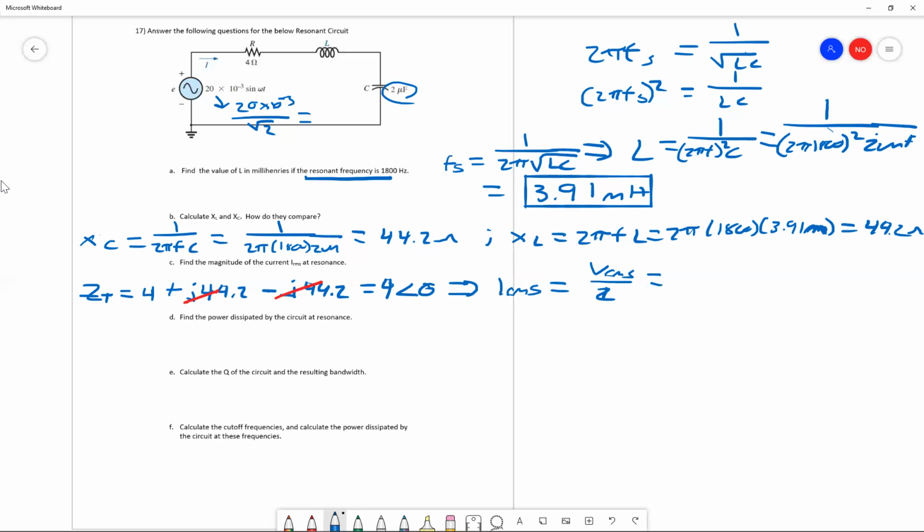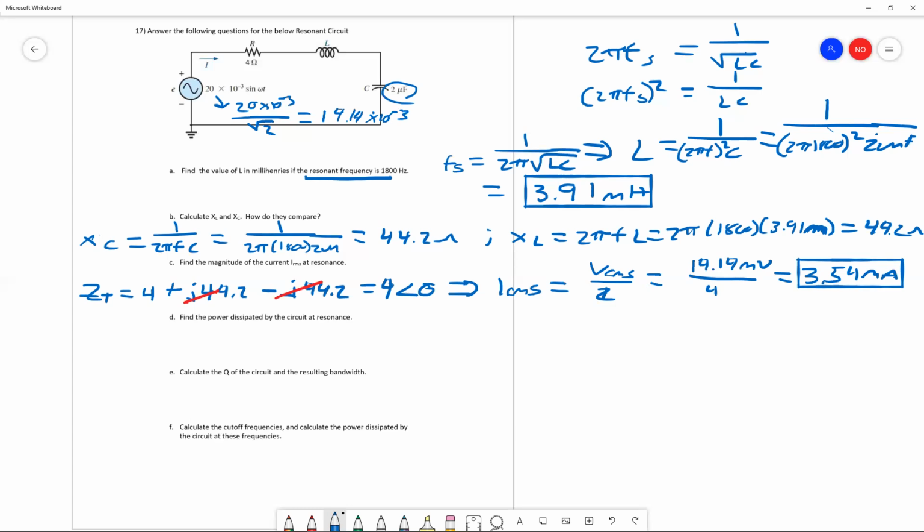And that value is roughly 14.14 times 10 to the negative 3. And that would be 14.14 millivolts. That's 10 times 10 to the negative 3 over 4. And that gives us 3.54 milliamps. And that would be our source current in RMS.